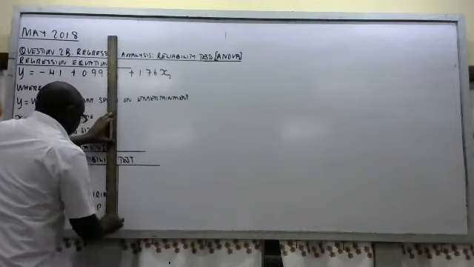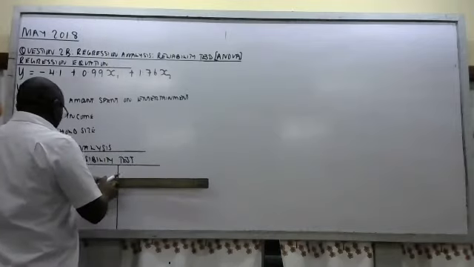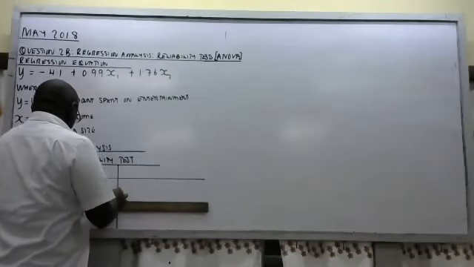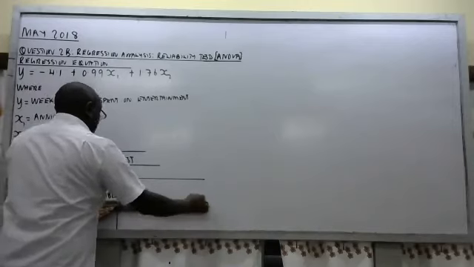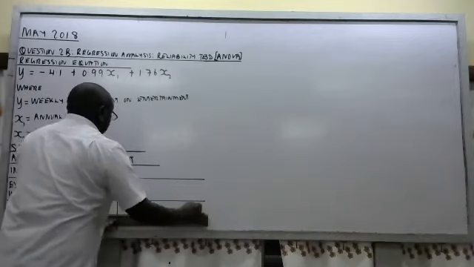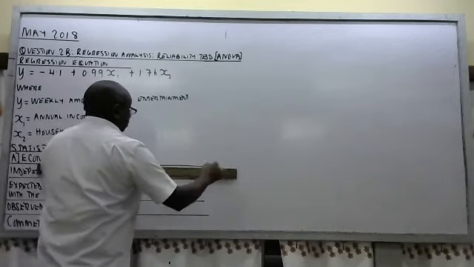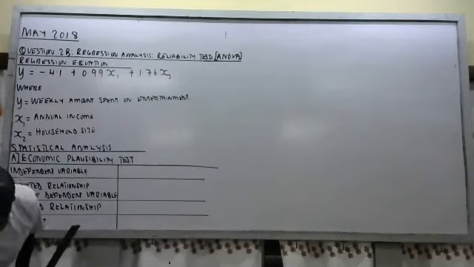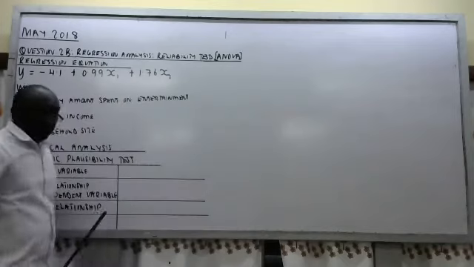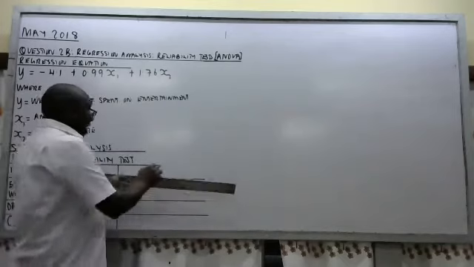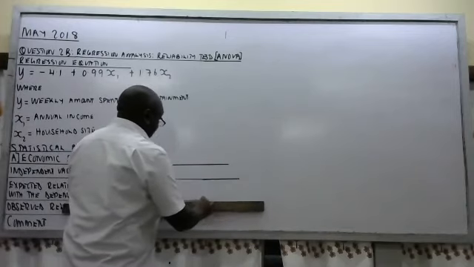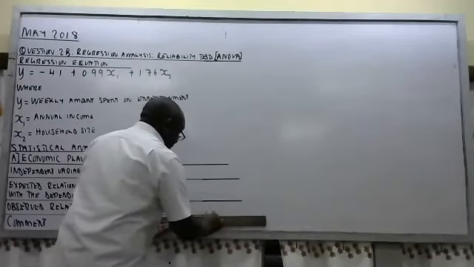I want to present it in a tabular way. Last time we discussed three types of relationships.